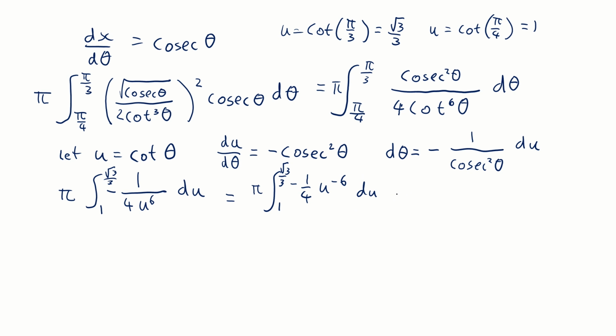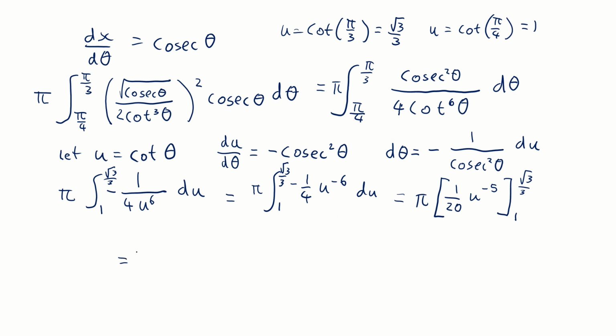So therefore we can now just go ahead and do that integral, because it's actually very easy now. We add 1 to the power, which would be power of minus 5, and then we divide by minus 5, which will get positive 1 over 20, because the minus 1/4 divided by minus 5. And then you just got to plug those limits in, and we will have our answer.